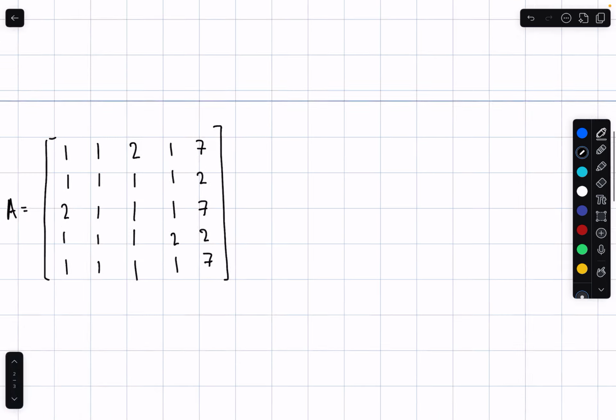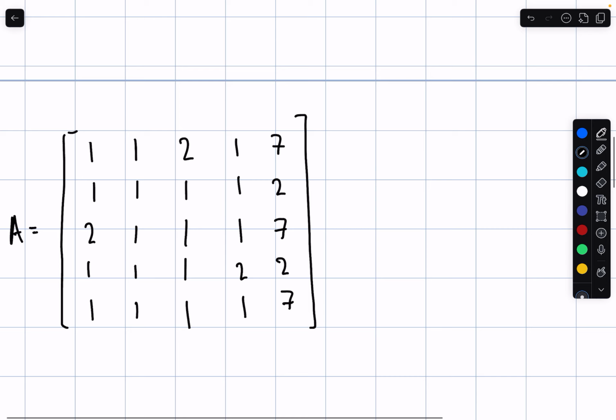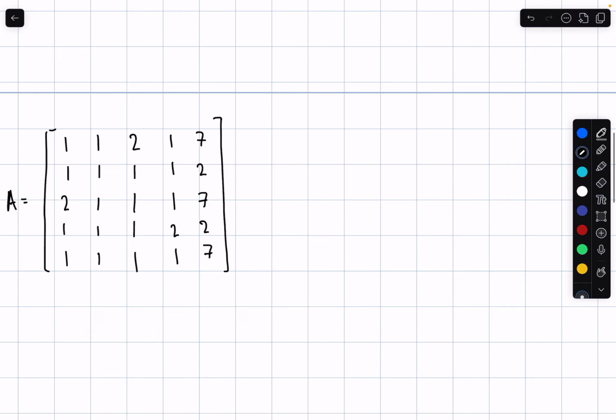So we have this big giant 5 by 5 matrix. It looks like if we're going to do cofactor expansion, when we do it along any of these rows, what we're going to end up with is 5 different 4 by 4 matrices. And each of these 4 by 4 matrices, we're going to have to do cofactor expansion on, just like we did before.